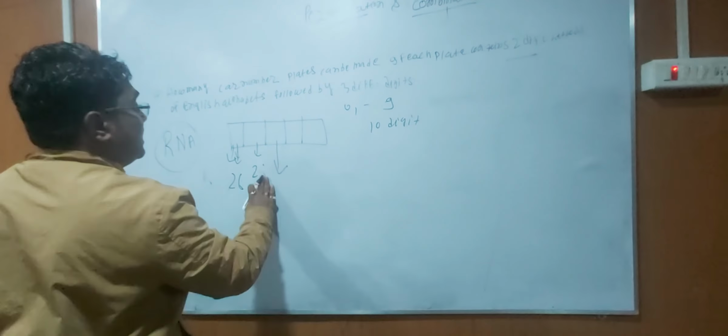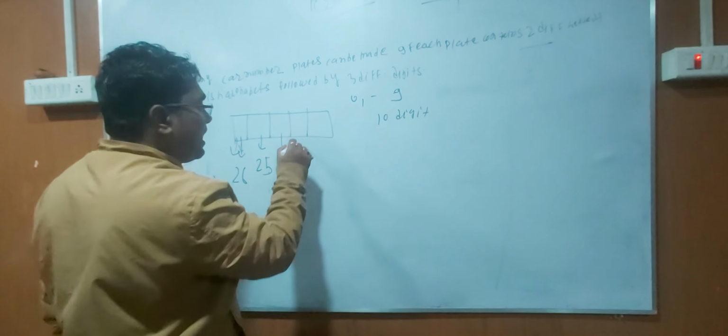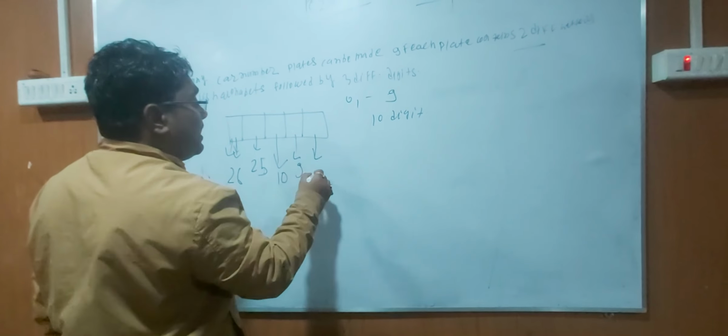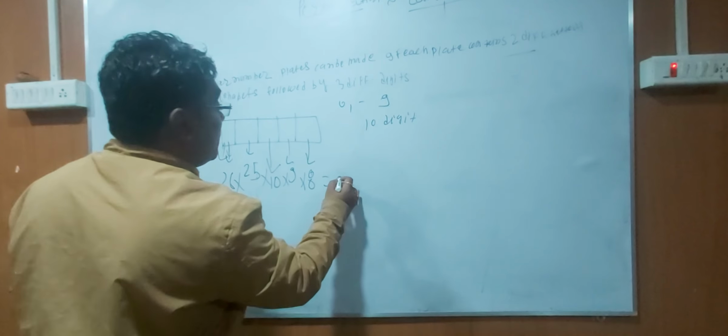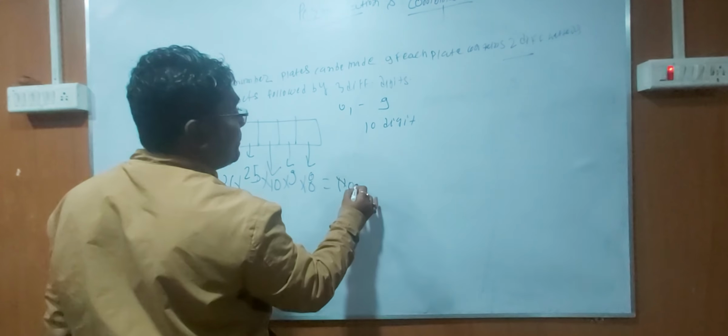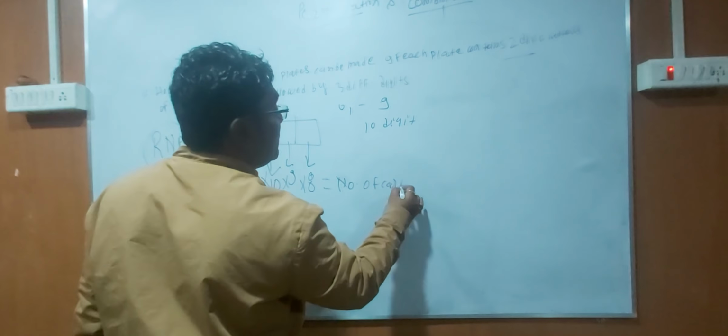Now this place is filled by 10, by 0 or 1 or 2 or 3, or means addition. Then 10. 1 is used here. Then how many are left? 9. And then 8. And, or, and. This is the total number of car plates.